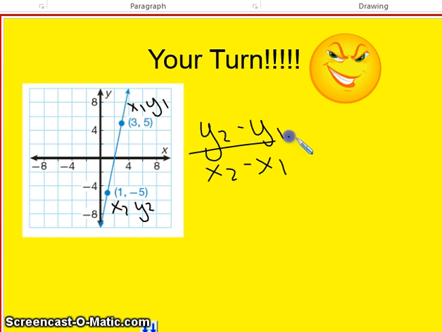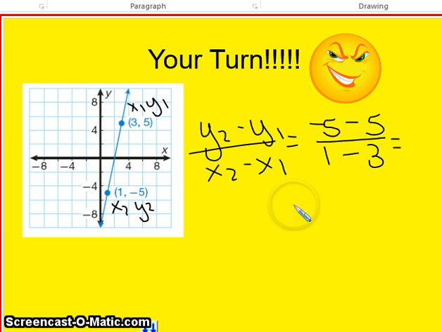Alright, so my y2 is negative 5, minus my y1, which is 5, over my x2, which is 1, minus my x1, which is 3. Now negative 5 minus 5 is negative 10, 1 minus 3 is negative 2, and when I divide those, I get a slope of positive 5, because a negative divided by a negative is a positive.